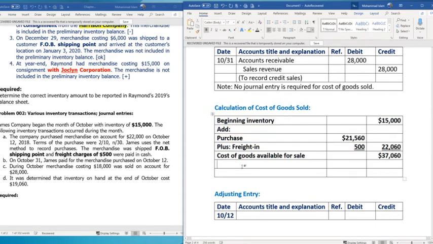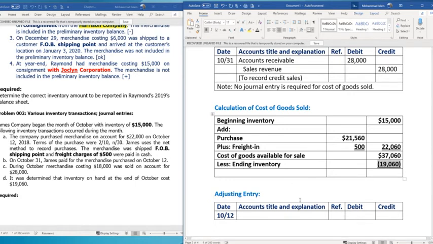Then less ending inventory, that is 19,060. It's given.